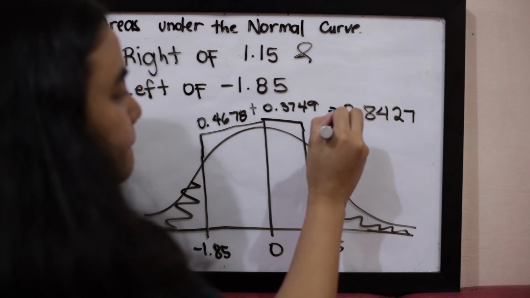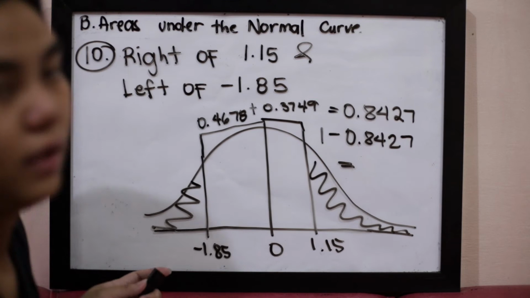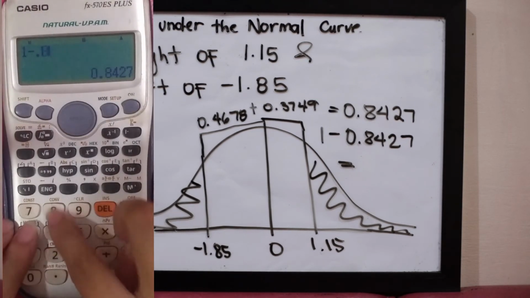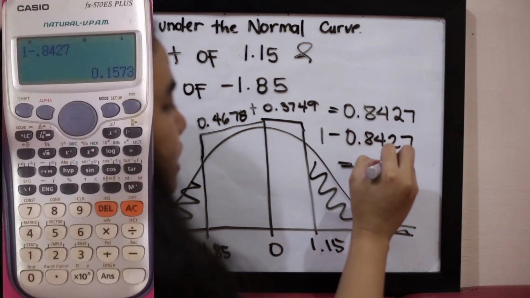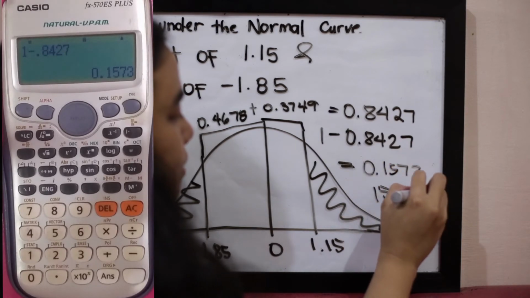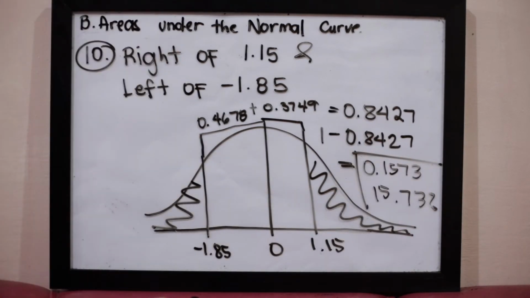So 1 minus 0.8427. The answer is 0.1573 or 15.73%. So this is the area of the shaded region. 0.1573.